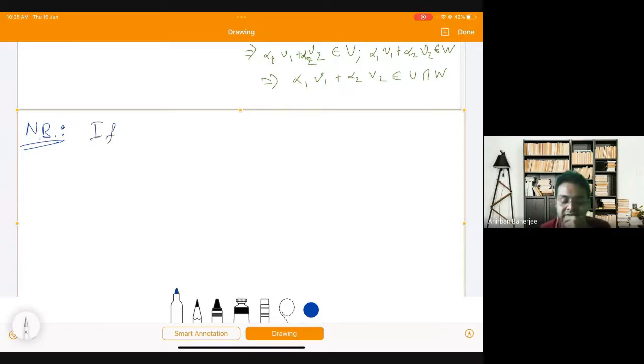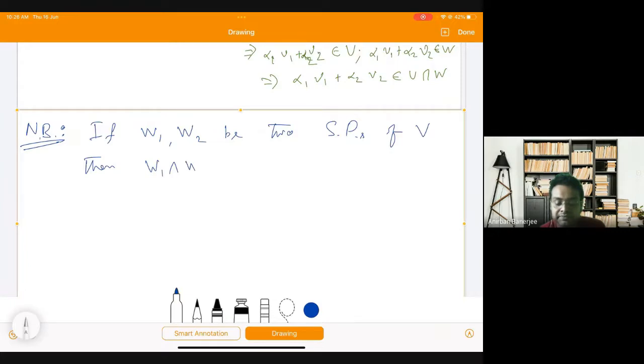Let's say you have W1 and W2 be two subspaces, I write in short, subspaces of V. Then of course what we have seen is that W1 intersection W2 is also a subspace.